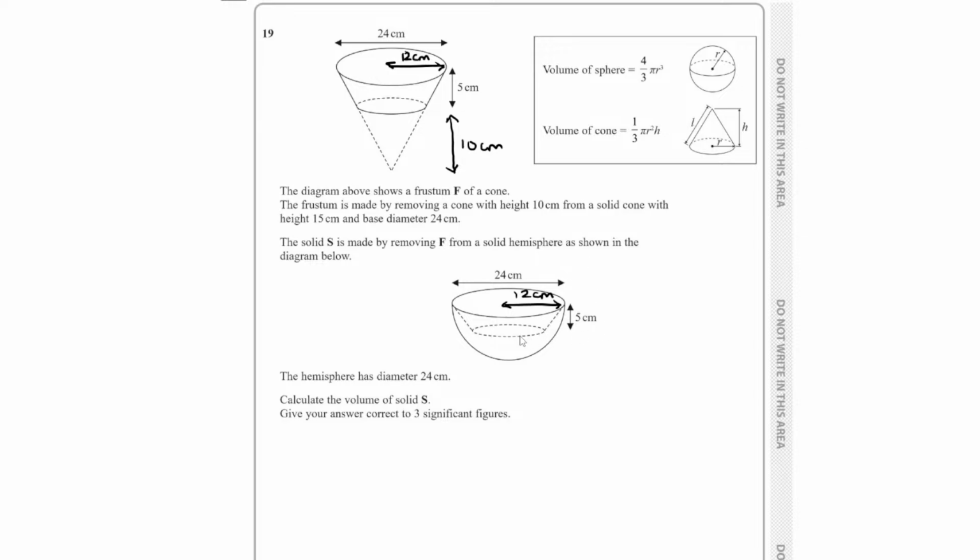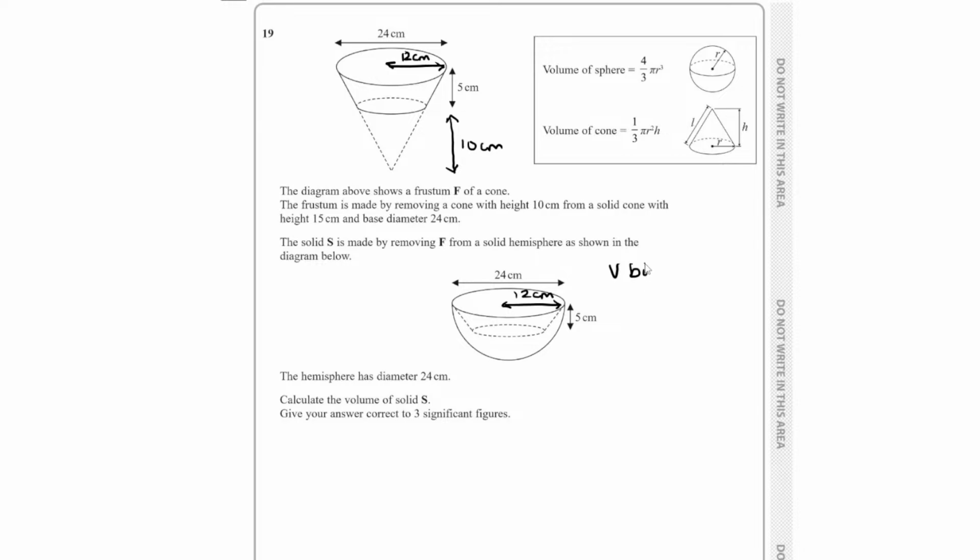So what we need to do first is obviously work out the volume of the frustum. In order to do that, we need to work out the volume of the big cone with these dashed lines, and then the volume of the little cone on top and take them away. So I'm going to start up here actually.